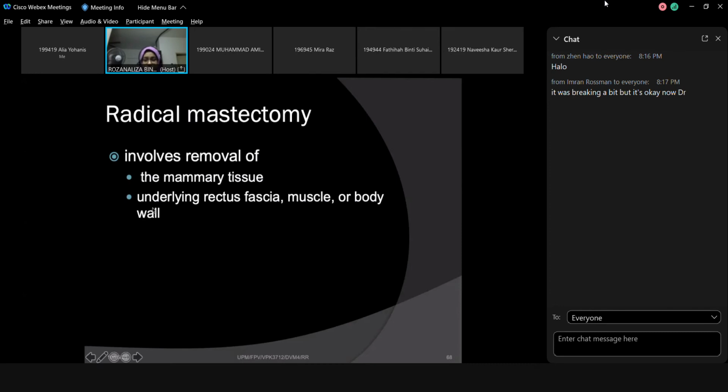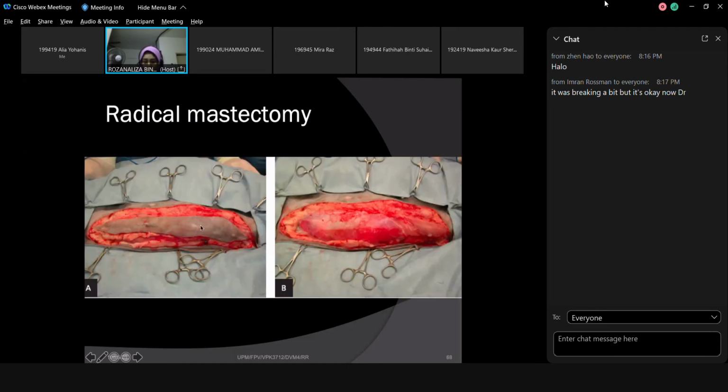You need to remove the underlying rectus fascia muscle or even the body wall. You can see one layer of muscle here is actually removed, the layer that contains the external rectus sheath probably. So this is radical mastectomy.